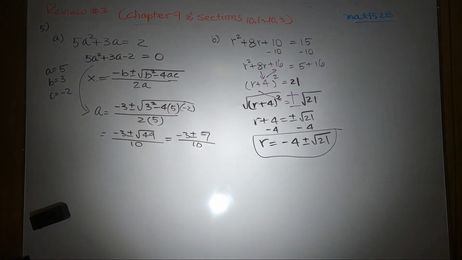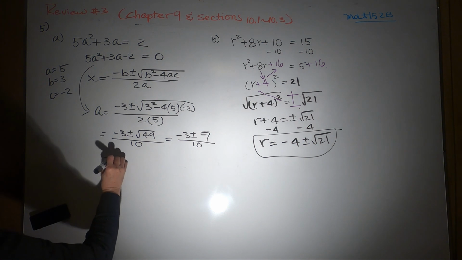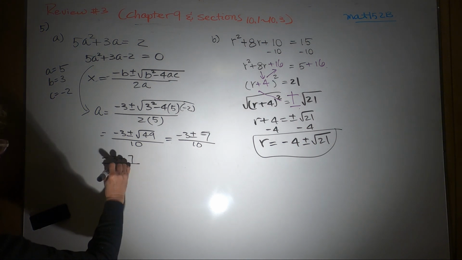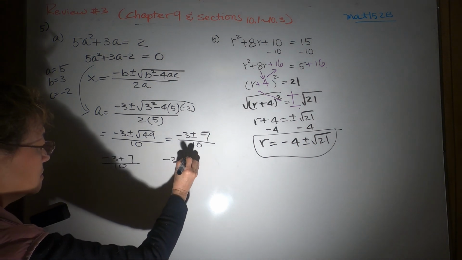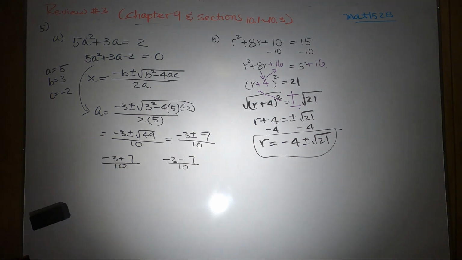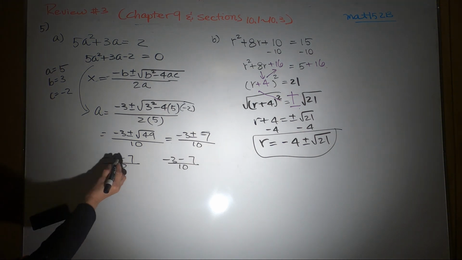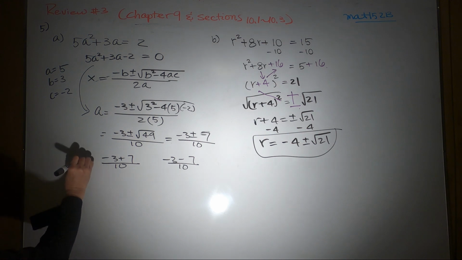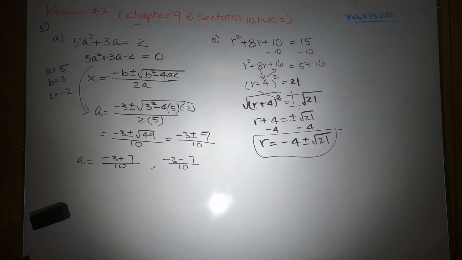But don't leave the answer there, because with fractions, you need to simplify. And when you simplify, you need to write it out individually. Don't just do it randomly, okay? Write it out, then simplify it. -3 plus 7 would be what? So our answer would be this.